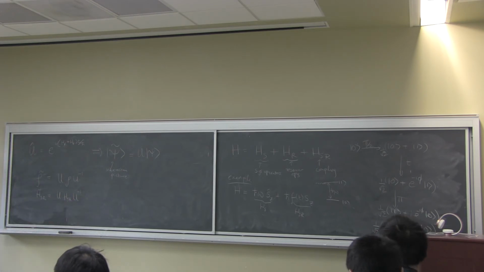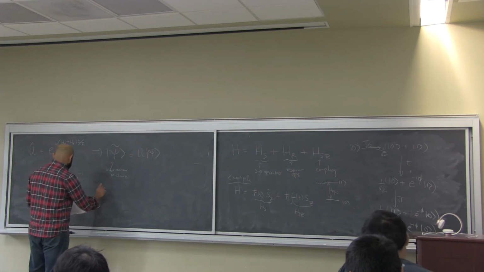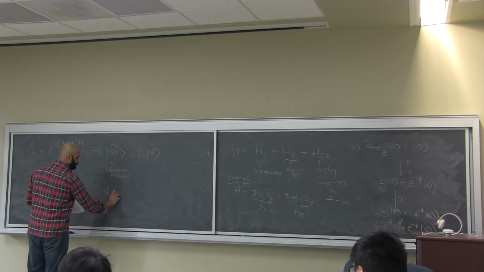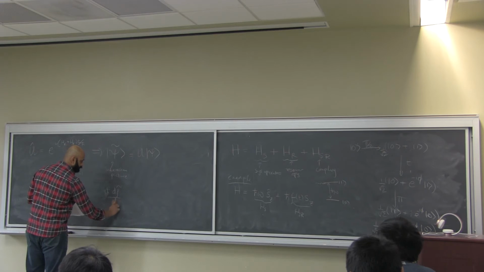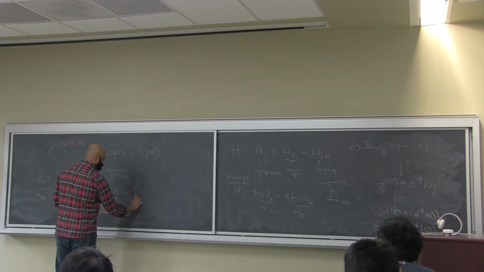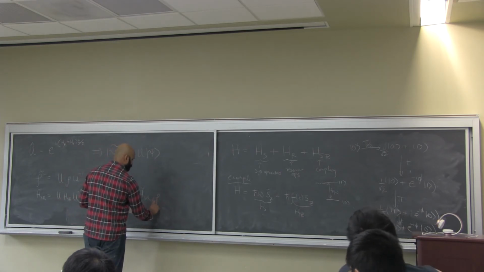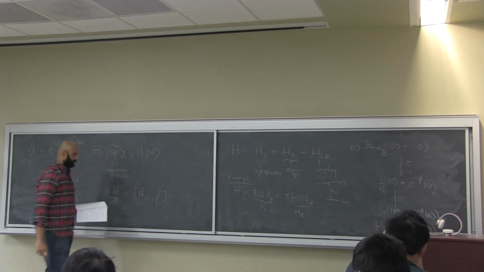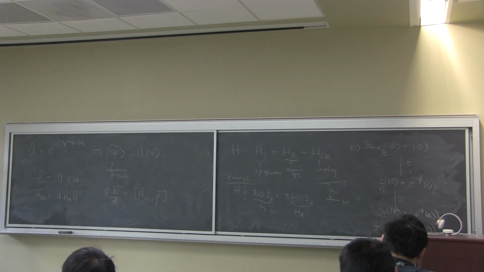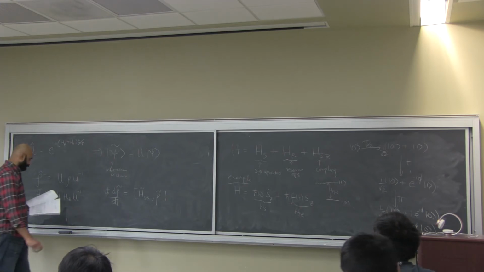So with this interaction picture density matrix and the interaction picture Hamiltonian for the coupling, we end up with the equation of motion for the density matrix, which involves only the interaction term, or the coupling term, and the density matrix for the entire system, the system and the reservoir. Okay, so that's it, right? That's what will happen when you substitute all that.